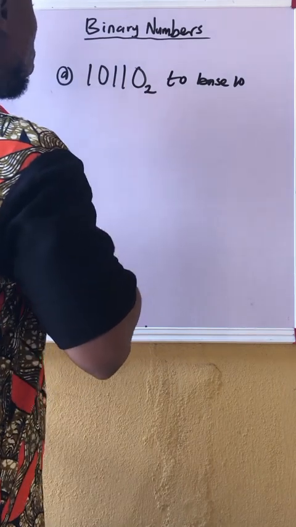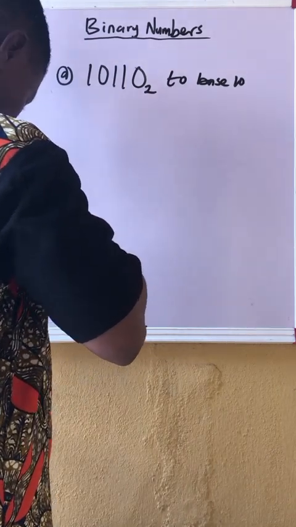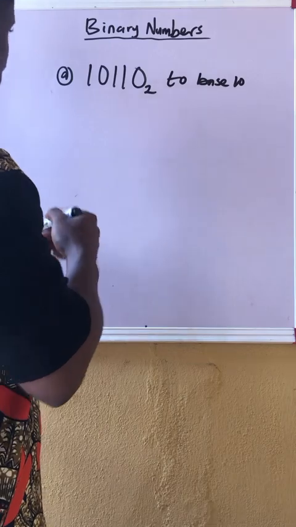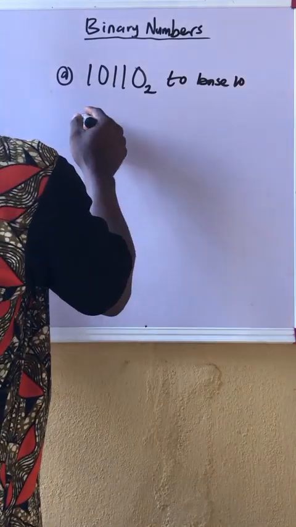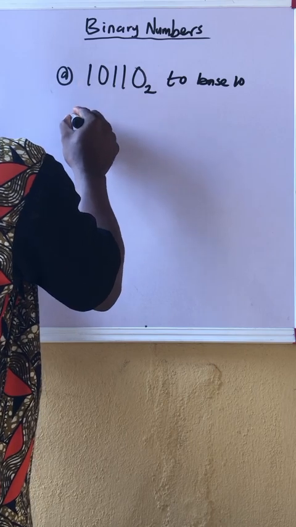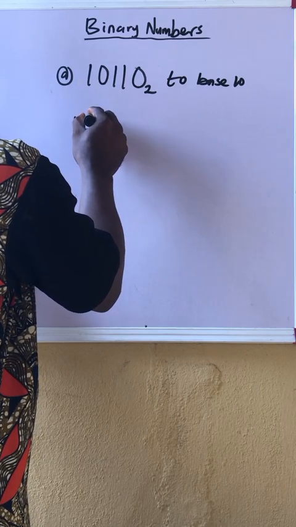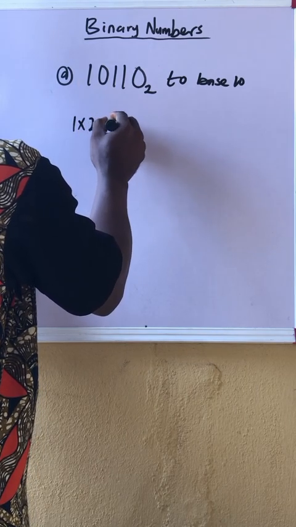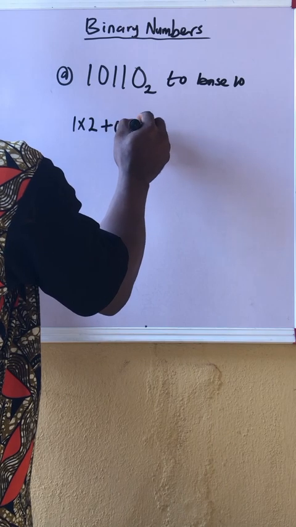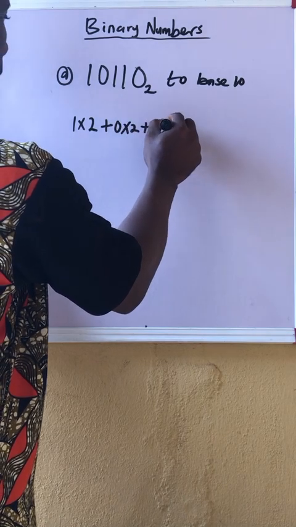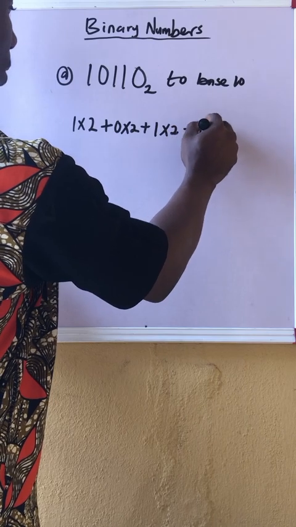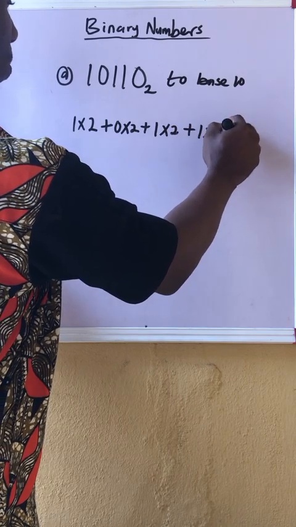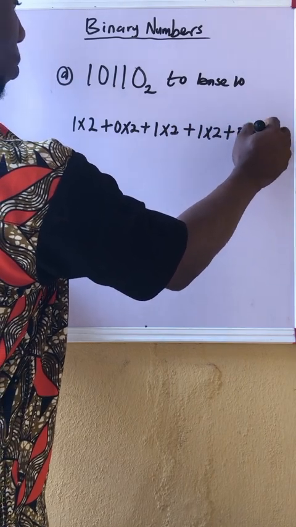So what we are going to do right now is to start multiplying. So first of all, I will do this like this. Start with this one. 1 times 2 plus 0 times 2 plus 1 times 2 plus 1 times 2 plus 0 times 2.